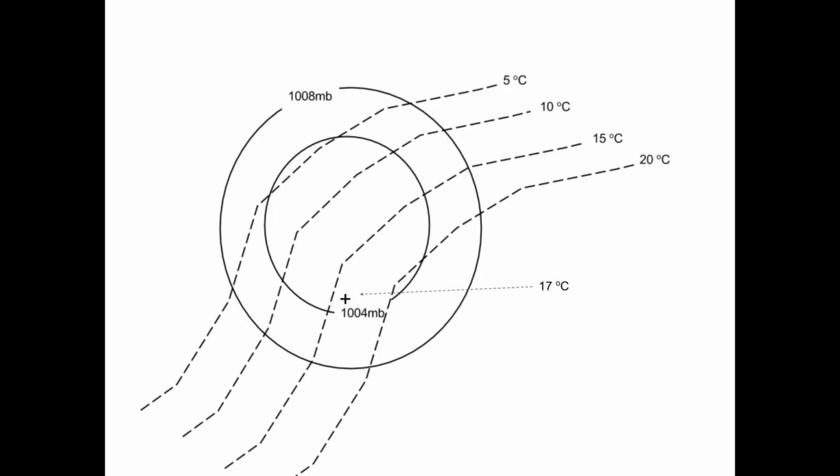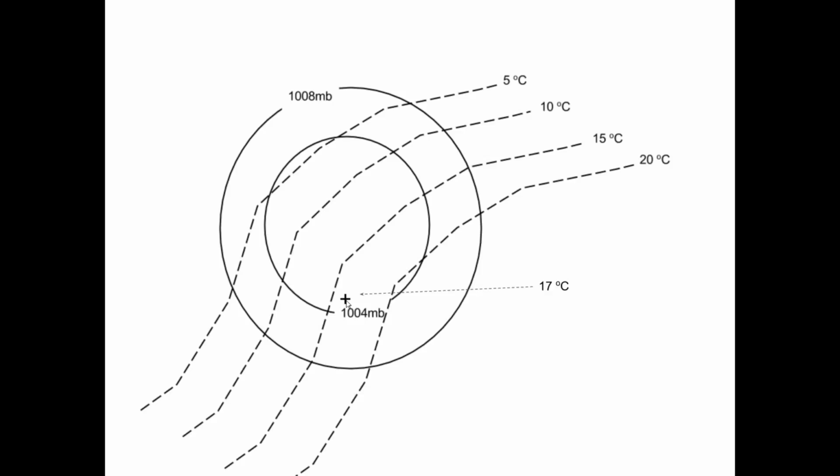Well, let's say we're interested, say this is Lafayette, this little plus sign. We're interested in estimating the local time derivative of temperature at Lafayette. So this would be like the partial derivative of temperature over time.